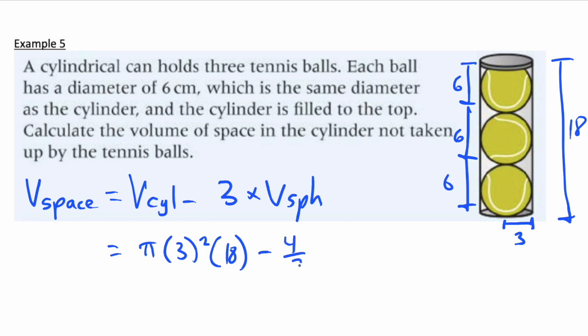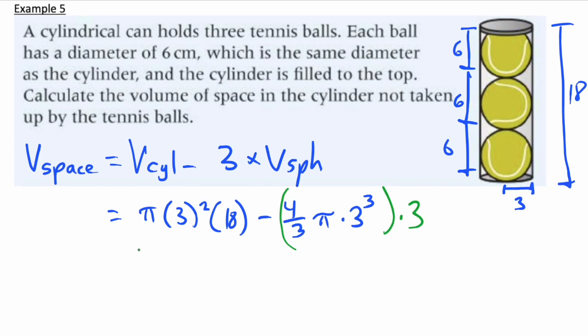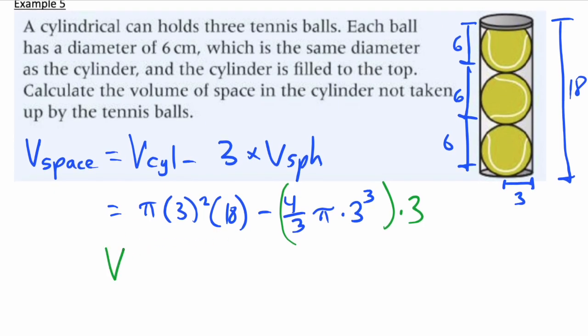And then the volume of the sphere is 4/3 pi times the radius cubed. And then there's 3 of them, so I'm going to multiply that by an extra 3 because there's 3 tennis balls. Okay, we can type all that directly into our calculator, and we get the volume is about 170 cubic centimeters.